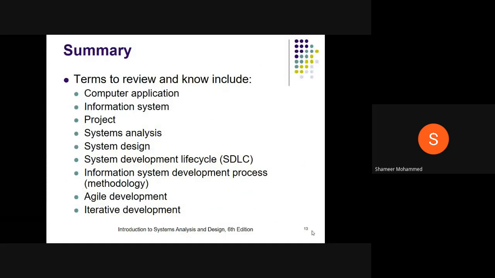So today what we discussed: what is a computer application, what is system analysis, what is system design, what is a project, what an information system means, the systems development life cycle, different methodologies, agile, iterative, scrum, extreme programming, all these things.